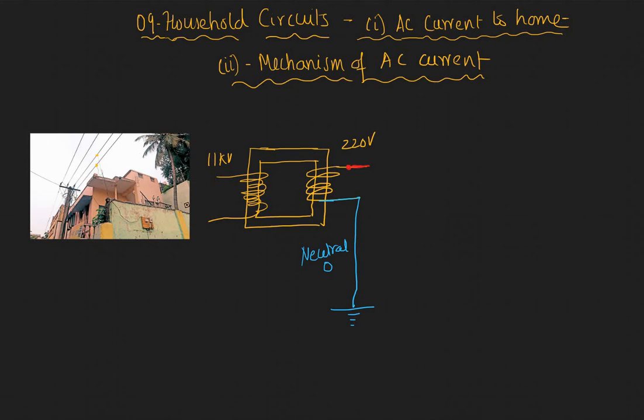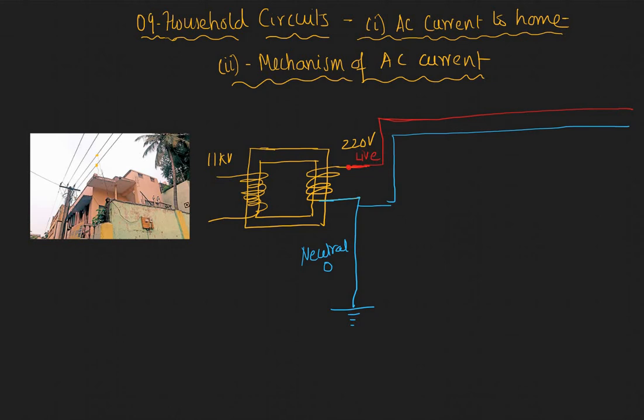I'm just using the color code here to identify the neutral and the live, and these are transmitted this way.